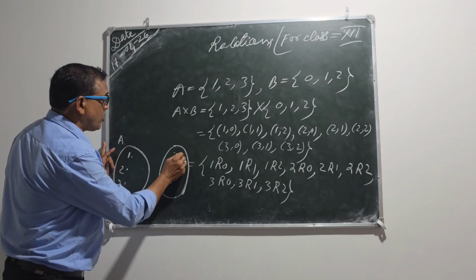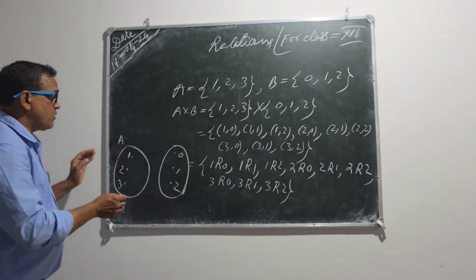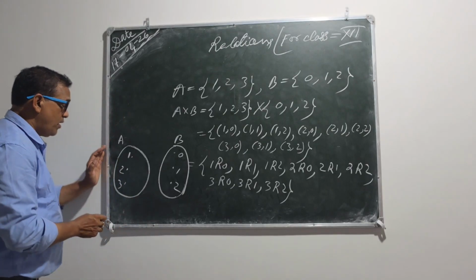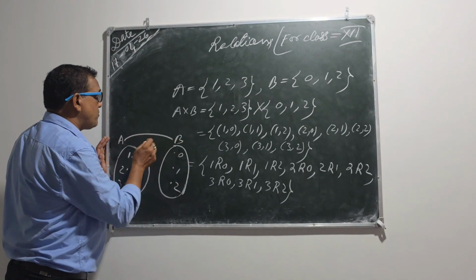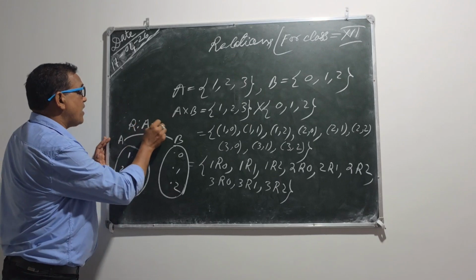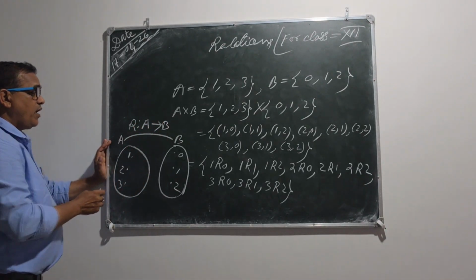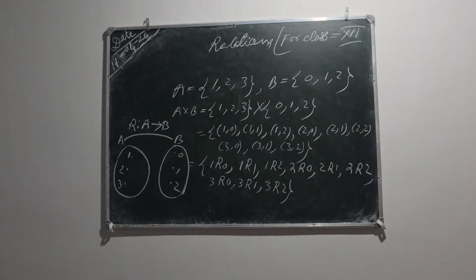First one is 0, 1, 2. This one is B, say, then A is related to it. And this is the relation from A to B.